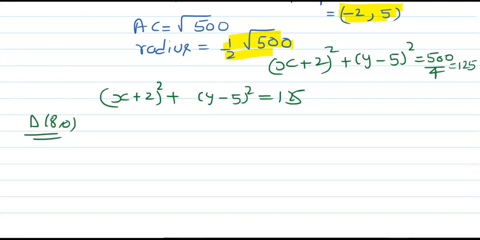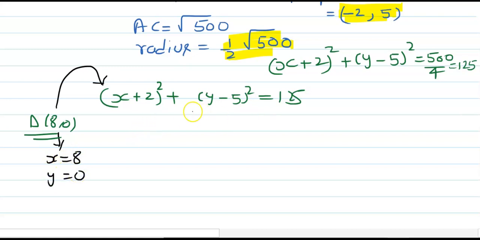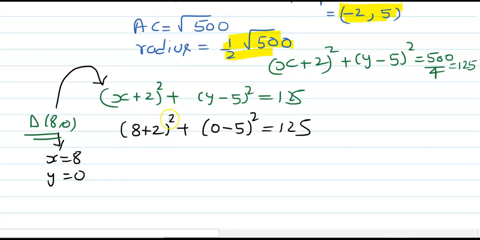So if we can put D 8 and 0 in this equation of a circle, replace x with 8 and y with 0, let's see whether it is satisfying this equation or not. So it will be 8 plus 2 square plus 0 minus 5 square, that is 125. 8 plus 2 is 10. 10 square is 100 and this is plus sign, minus 5 square is 25.